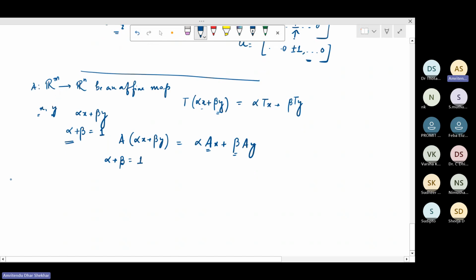An affine map will always look like this: A of x is equal to some linear map T, and then there's some offset, which you can think of as some z.